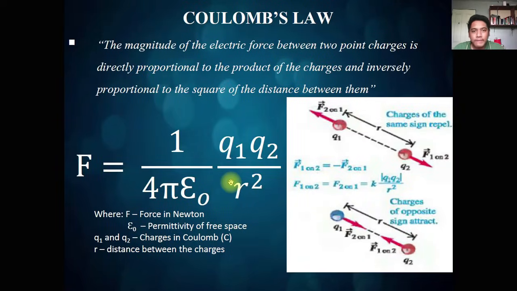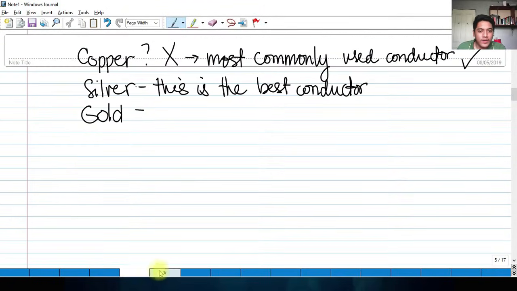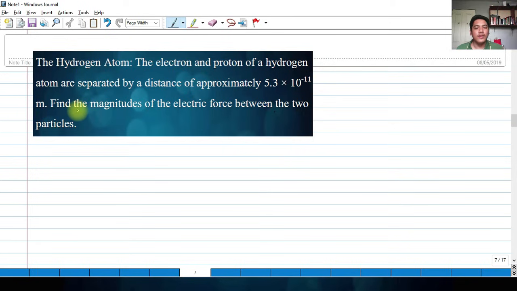So let's try a sample problem. The electron and proton of a hydrogen atom are separated by a distance of approximately 5.3 times 10 raised to negative 11 meters. Find the magnitude of the electric force between the two particles.